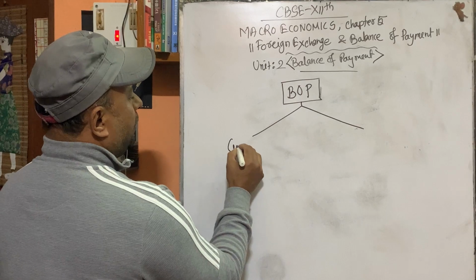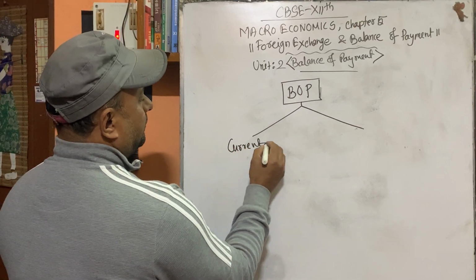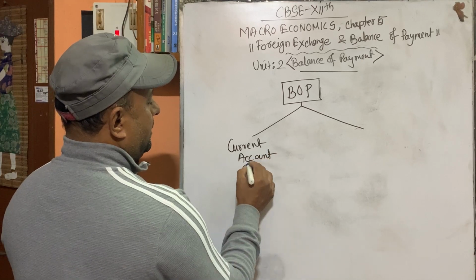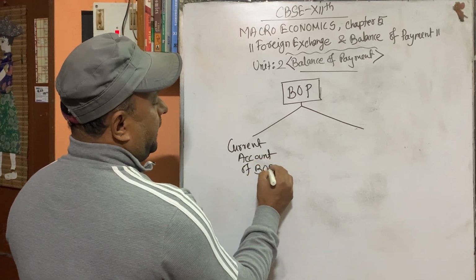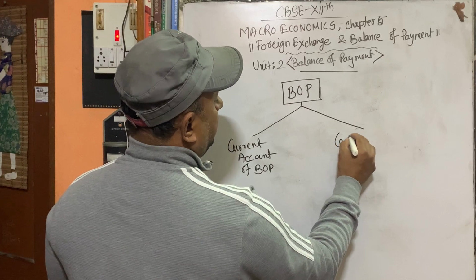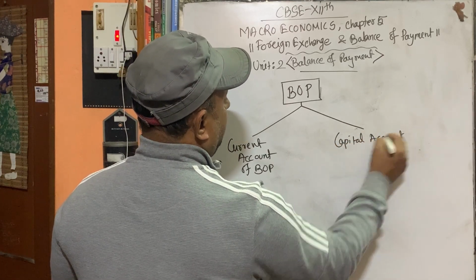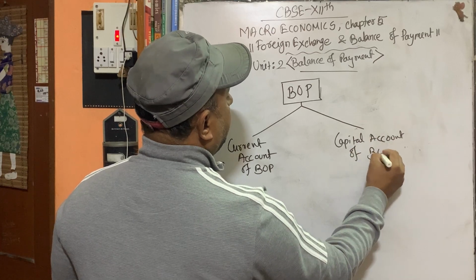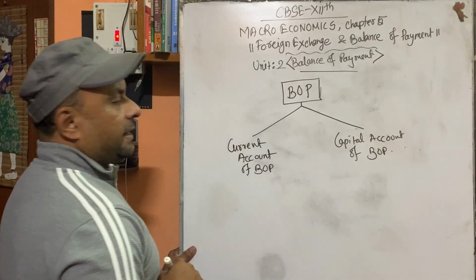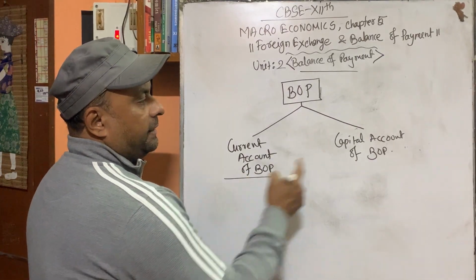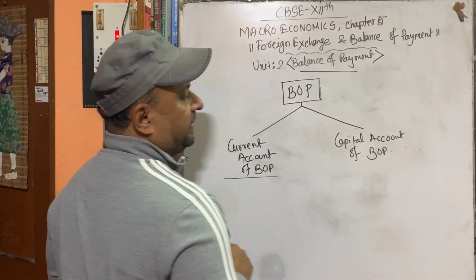One is the current account of BOP, another is the capital account of BOP. Current account means where assets and liabilities are not affected, and in capital account assets and liabilities are affected.